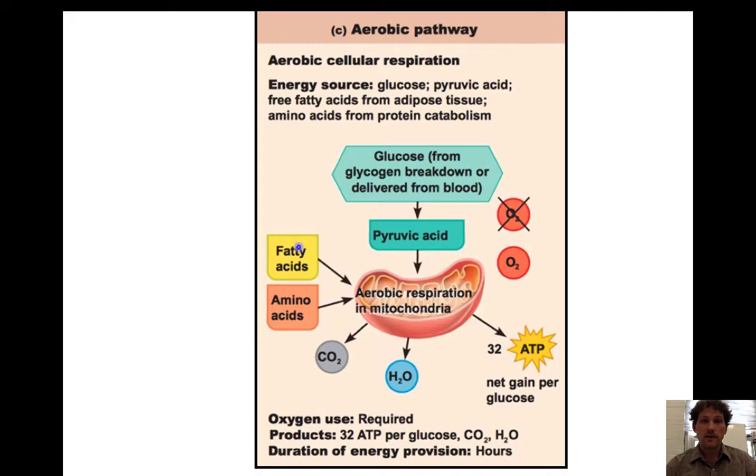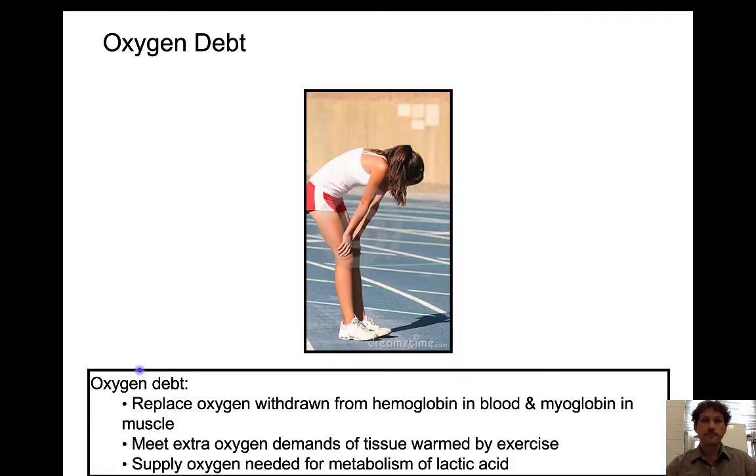All of these can help generate ATP. But in this pathway, we do require oxygen, and that's going to give us a much higher return on our investment: 32 ATP per glucose. And this is what's going to be providing long-term energy, like hours of energy here.